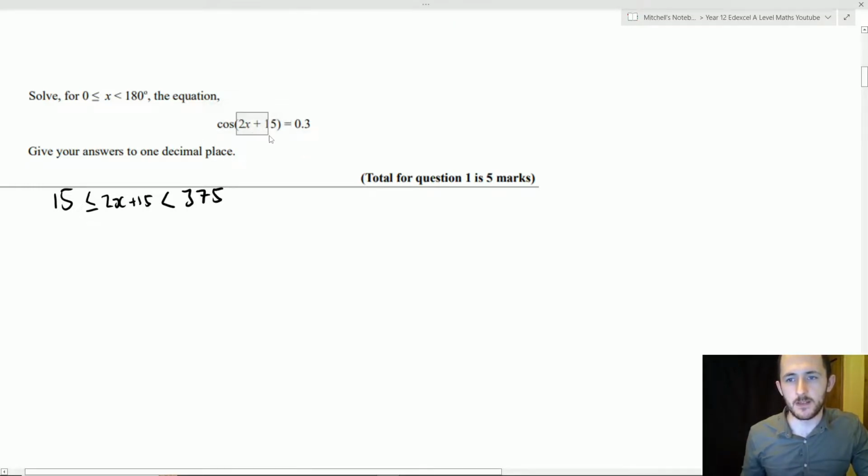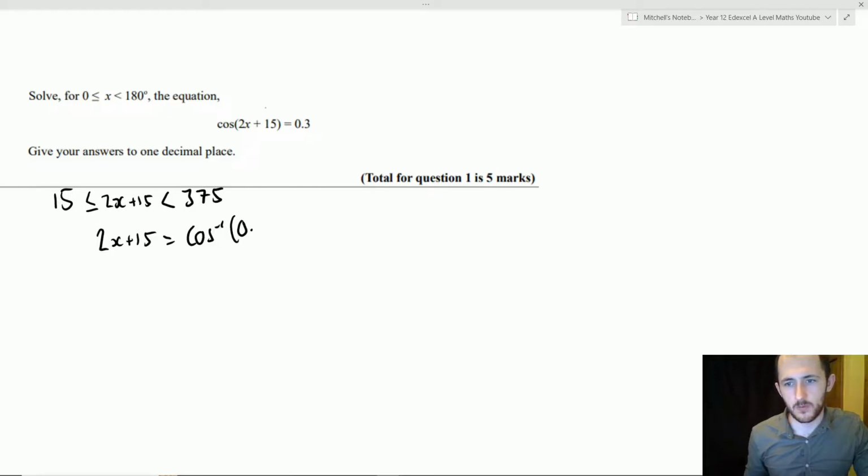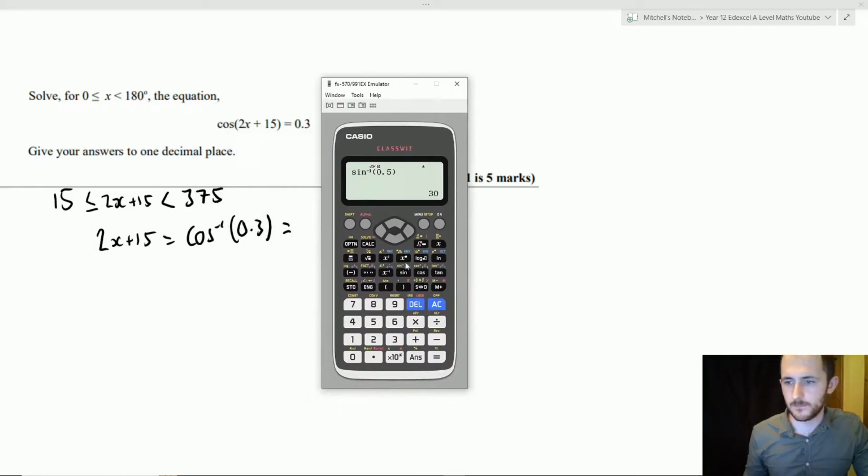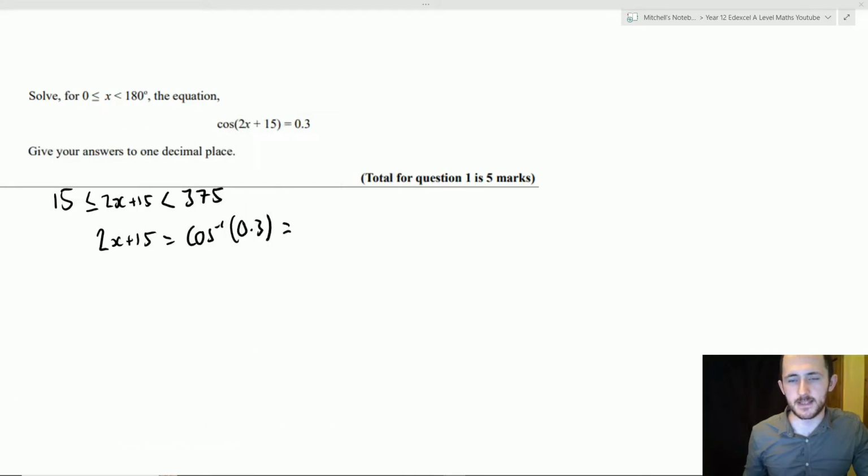Then we're going to subtract 15 and divide them by 2 in order to work out what x would be. So 2x plus 15 is equal to the inverse cos of 0.3, which if we work out on our calculator, is 72.5 degrees, and it says give your answer to one decimal place, so 72.5.